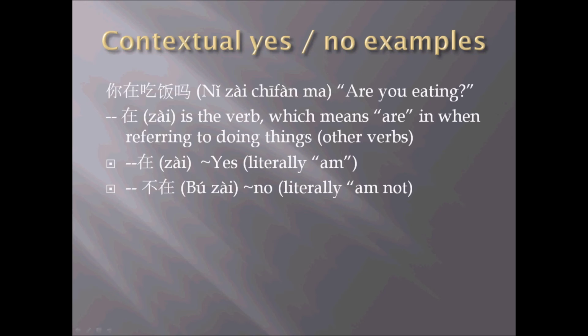So 在 literally means am or are. And so the affirmative answer is 在. So if someone just asks you 你在吃饭吗? If you want to answer yes, you just say 在. If you want to answer no, you would say 不在, which is literally "I am not."